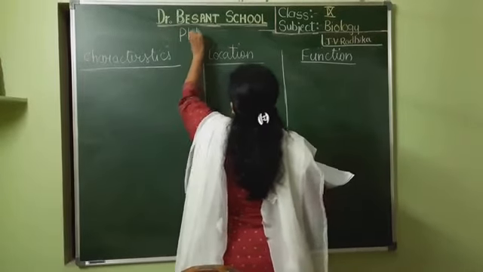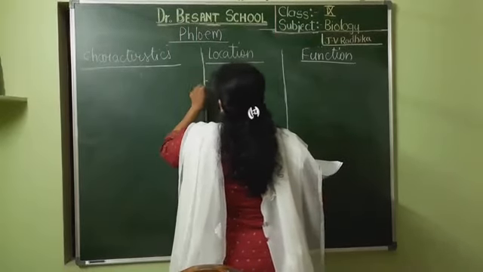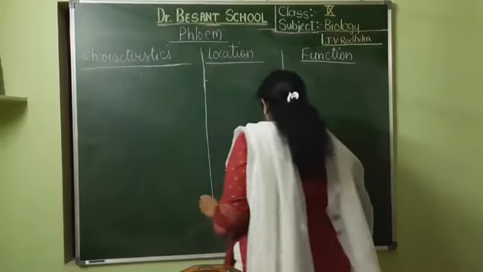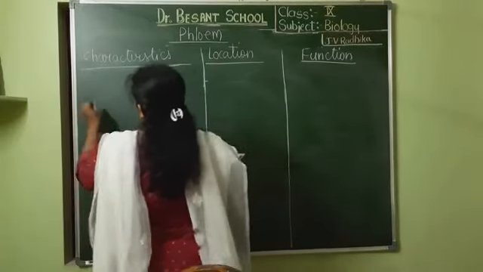So this is the second conductive tissue. Okay, but here the phloem helps in the transportation of food. So here I first write the four elements.